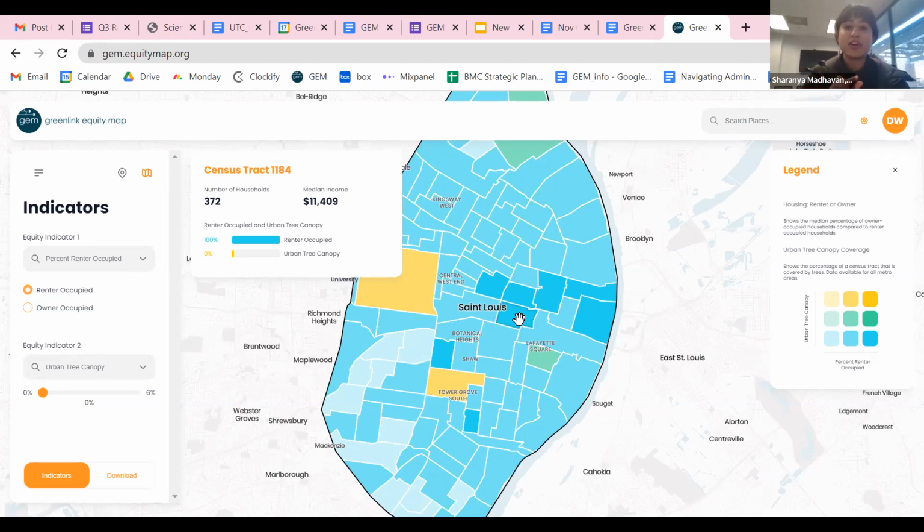Whereas the data sets that we use for this are at a 30 by 30 meter pixel size resolution, so we're not getting as granular. However, we are analyzing this based on pixel size. So if one tree or one forest covers a 30 by 30 meter resolution, that's 1 pixel out of a million pixels that are in a census tract.